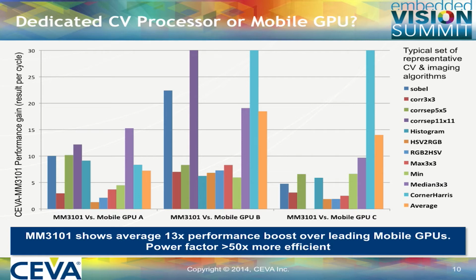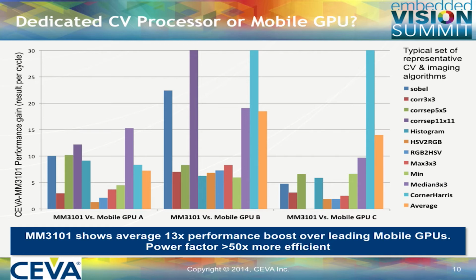We chose several computer vision basic kernels, such as Sobel and correlation. Correlation separate means that we want to do a correlation of a 5 by 5 matrix, but this 5 by 5 matrix is a separable one. That means we can separate it into two vectors, 5 by 1 and 1 by 5, and do a two-pass approach, which is more cycle efficient.